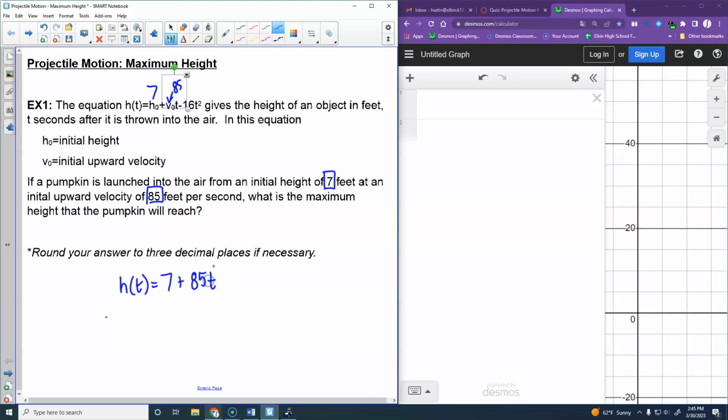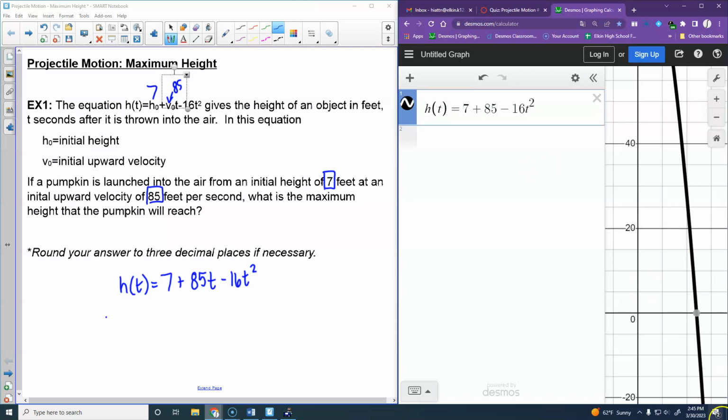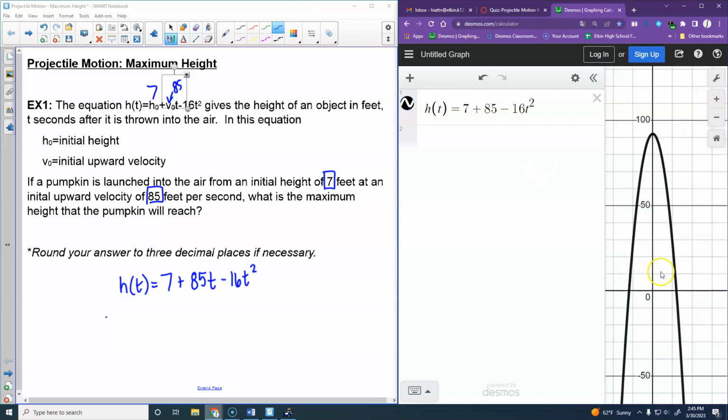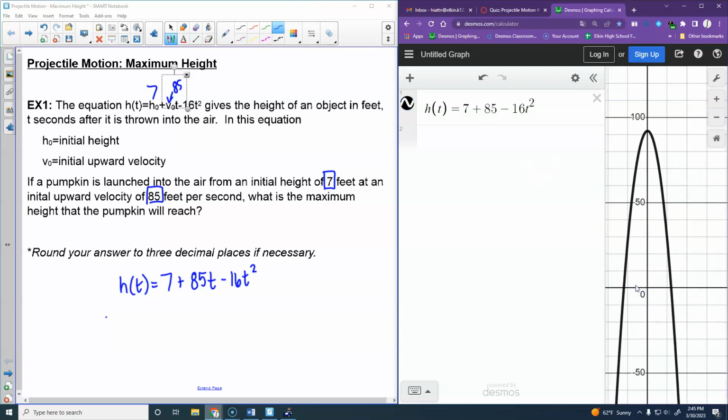You still have a t in your equation right there. Minus 16 t squared. You're not replacing the t's. So if I go over here and type that in, I will have this graph.